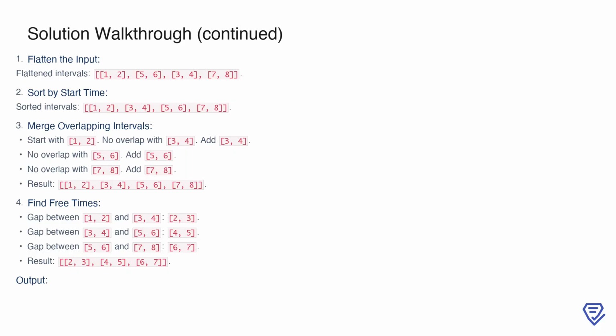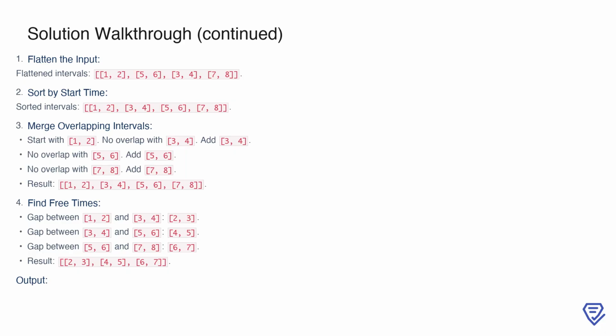In this second example, the schedules do not overlap. After flattening the input, we get the intervals [1,2], [5,6], [3,4], [7,8]. Sorting these intervals by their start times results in [1,2], [3,4], [5,6], [7,8]. Because the intervals do not overlap, there is no need to merge them. We simply retain all four intervals as they are.